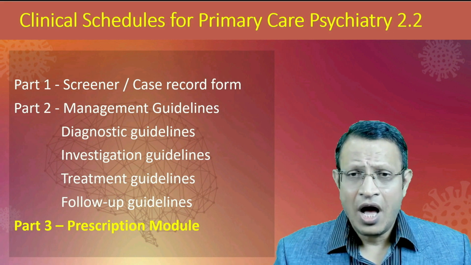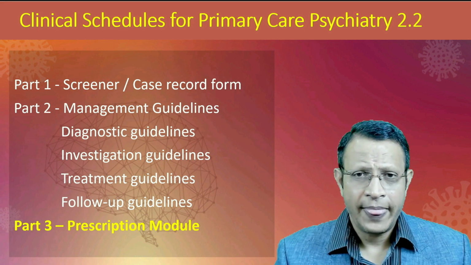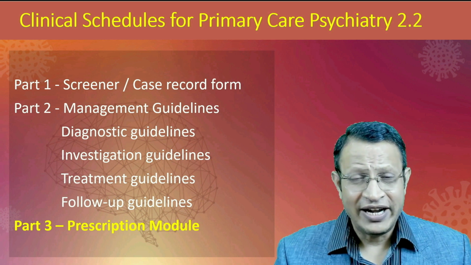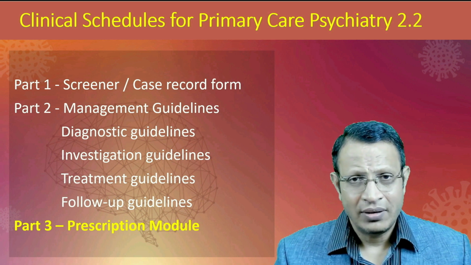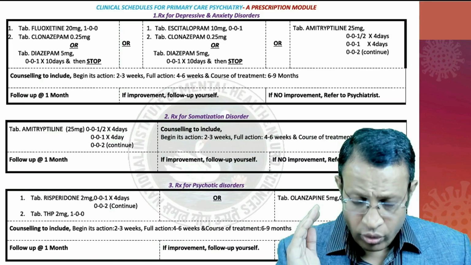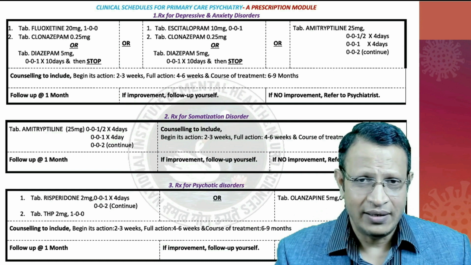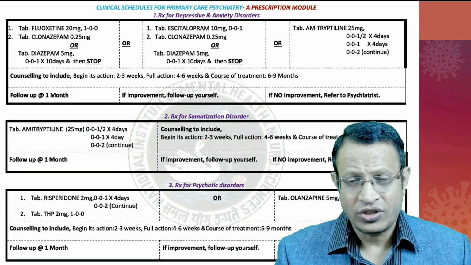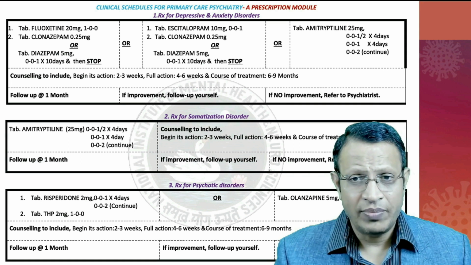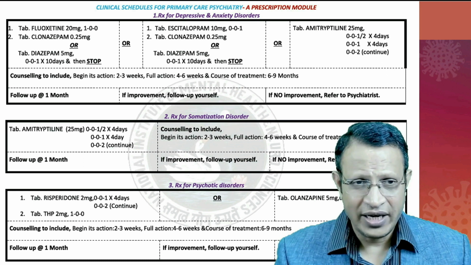Many a time, our MBBS doctors, general physicians, primary care doctors find it very difficult to prescribe psychiatric medication. Hence, we have given how to write a prescription for psychiatry. Although many of our doctors know how to write a prescription, they may not have the confidence to write psychiatric medication.